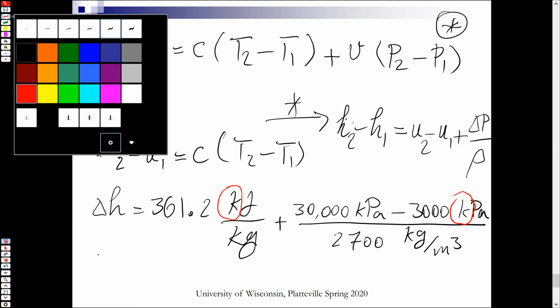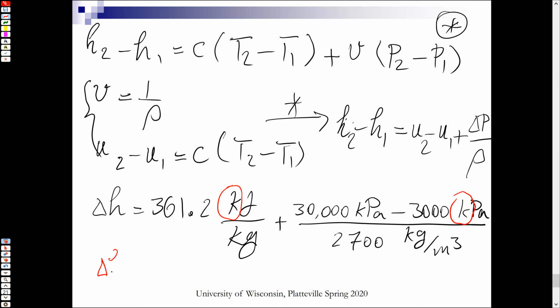And if you do the math, you will find delta H equals 371.2 kilojoules per kilogram. Okay, you do the math yourself and you will find this number, 371.2 kilojoules per kilogram.